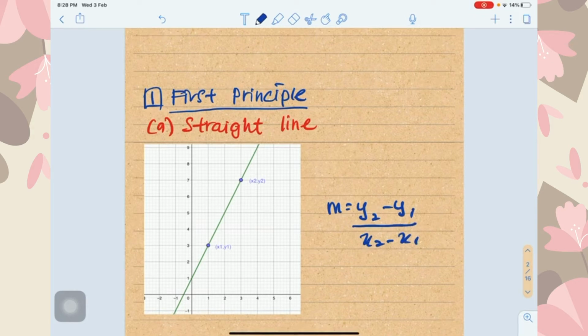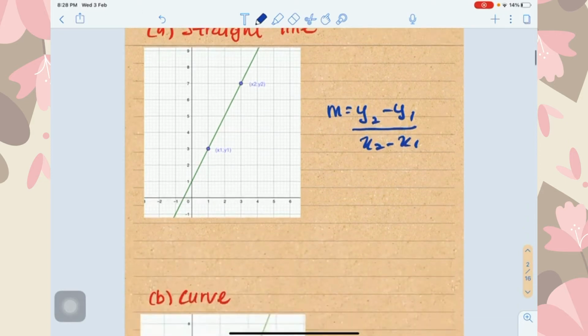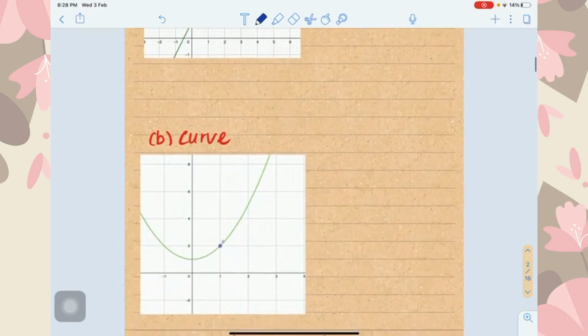Actually this formula is to find gradient for the straight line. Now let's say we have a curve with point A on that curve. So how do we find gradient at point A by using the formula m equals y2 minus y1 over x2 minus x1? Because we only have one point. Meaning that we need to consider another point on the same curve or graph.